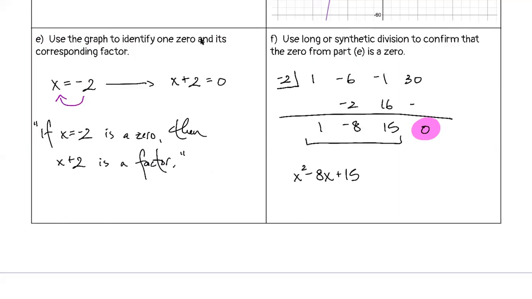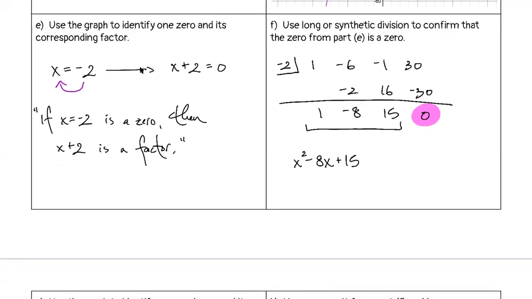Yep, like that. Okay. So we got 0 at the end when we did synthetic division. Not only did we find that it is a factor, but we found the other factor.